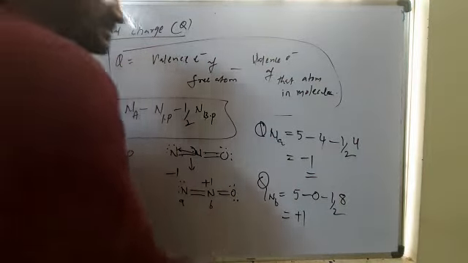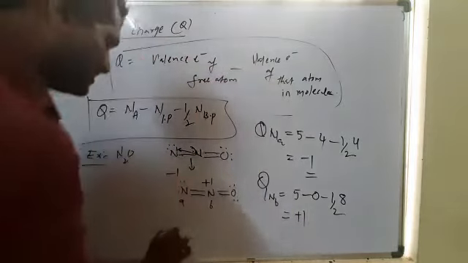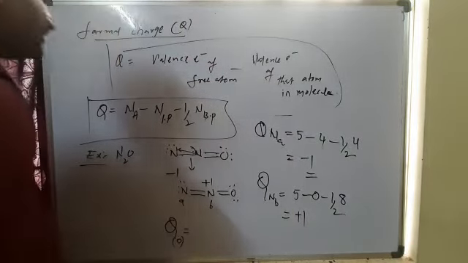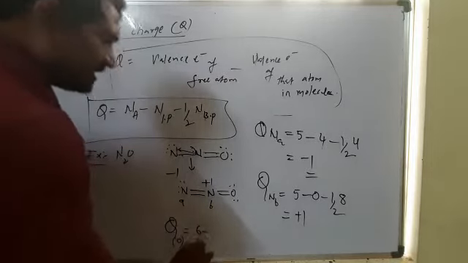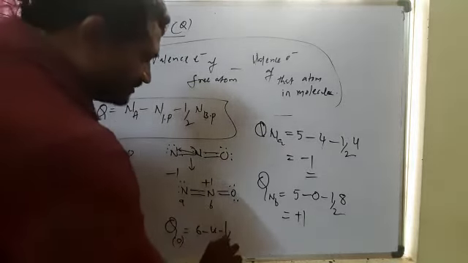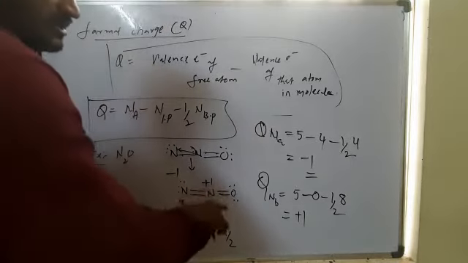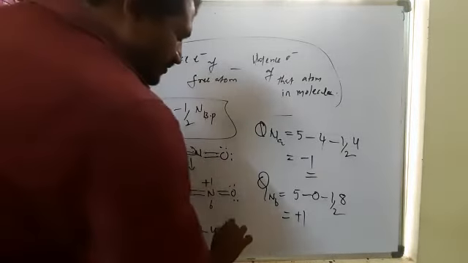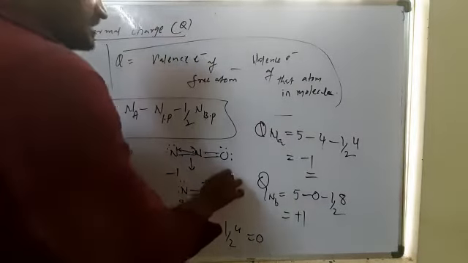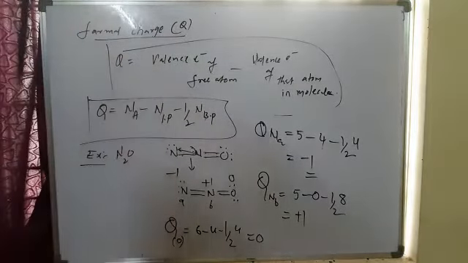And similarly for oxygen, the number of valence electrons is 6, minus the number of electrons in lone pairs, 4 electrons, minus half into number of electrons in bond pairs, 2 bonds, so 4 electrons. Now we will get 0. So this oxygen carries 0 formal charge.